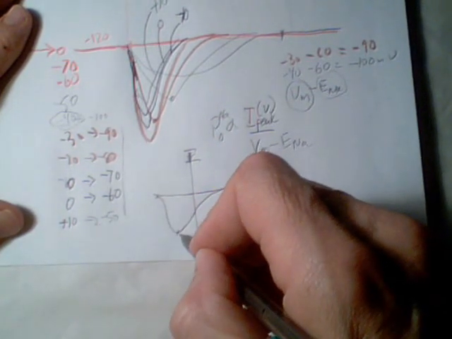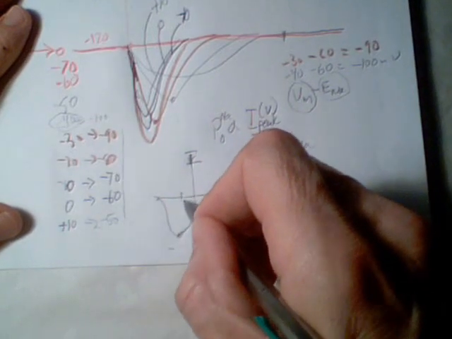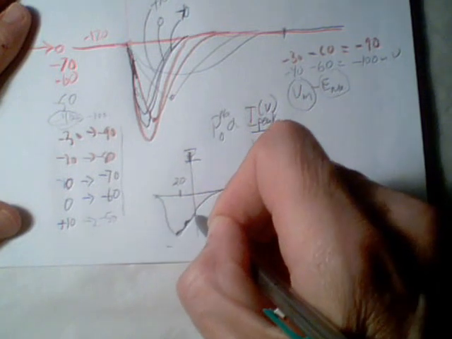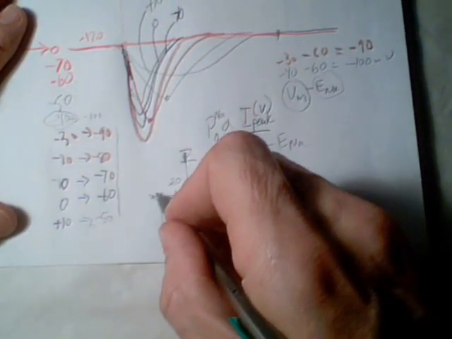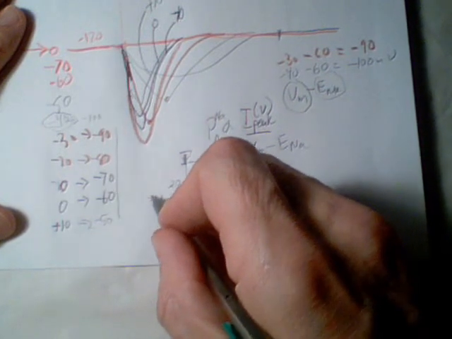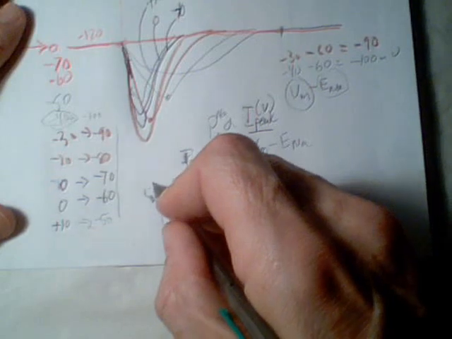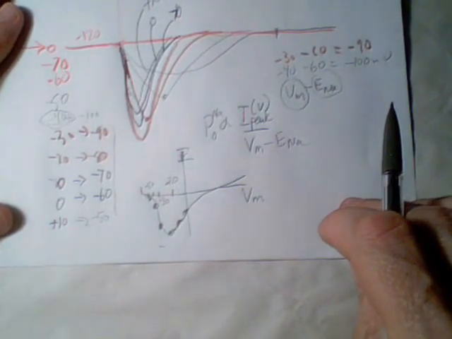This peak turns out to be at about minus 20 millivolts. We'll go to minus 10, it's a little bit less. 0, it's a little bit less. This is minus 30 here, minus 40, minus 50. And we're up to minus 60, so this is minus 50, minus 30, okay? And that's what it looks like.